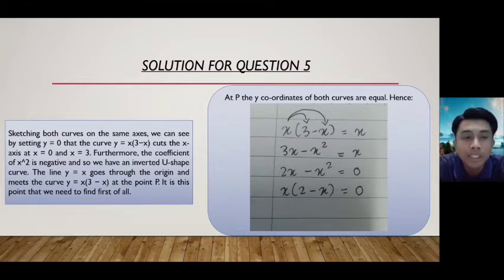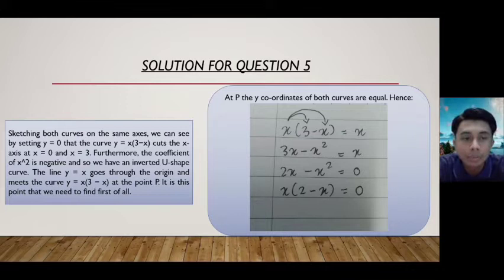Furthermore, the coefficient of x squared is negative and so we have an inverted U-shaped curve. The line y equals x goes through the origin and meets the curve y equals x(3 minus x) at the point, at the point P. So, it is this point that we need to find first of all.